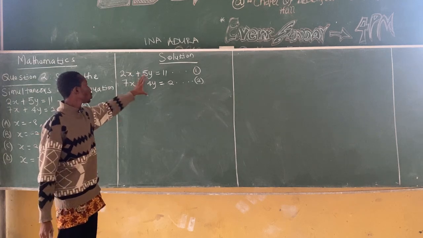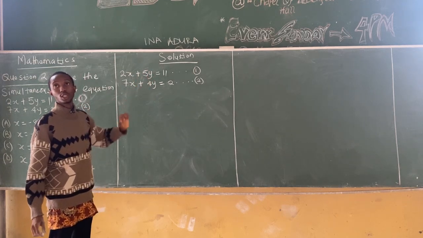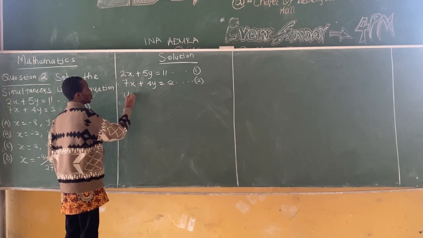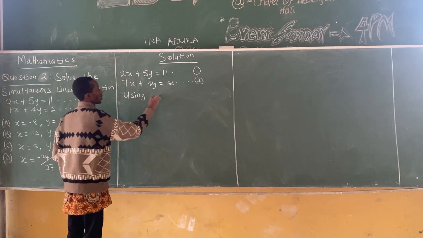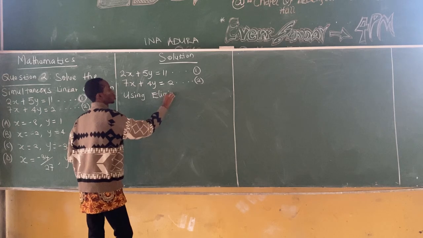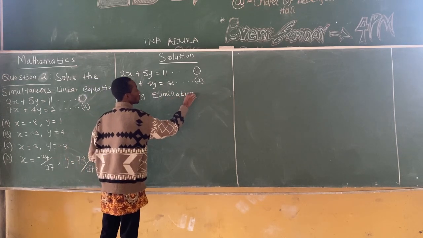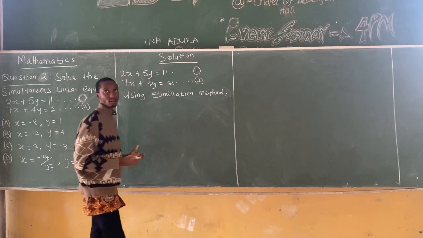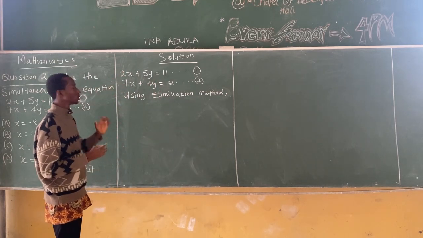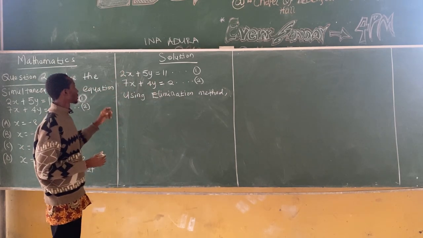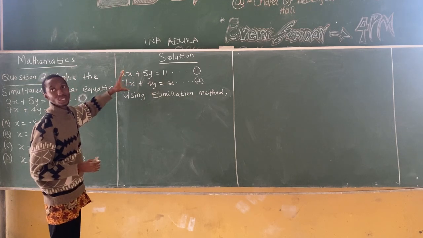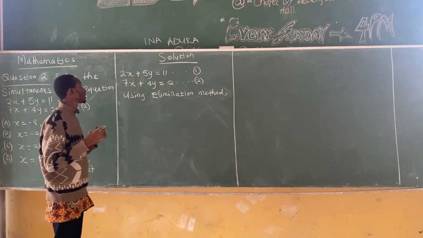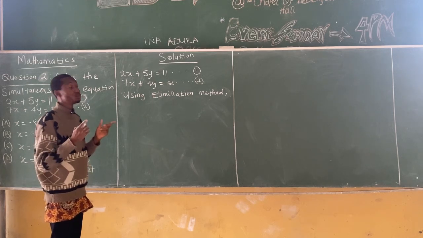So solving these two equations simultaneously using elimination method, we have this. You find a number, or a variable, that can be easily eliminated. It means a variable that can be easily removed.